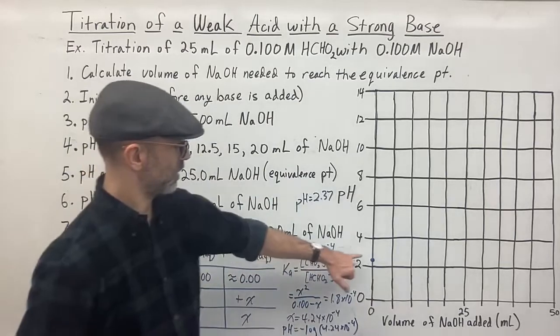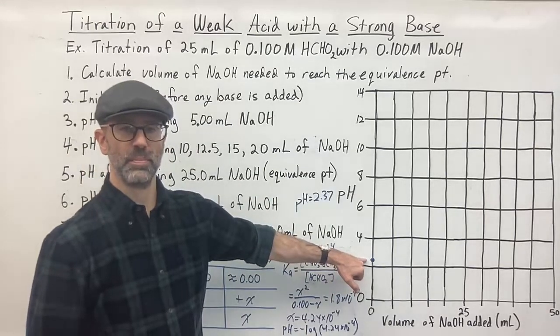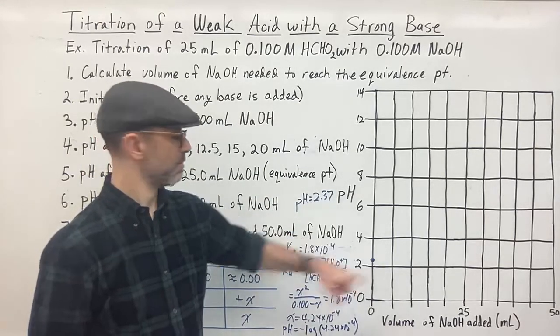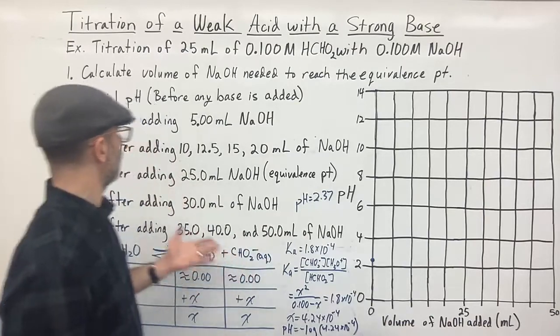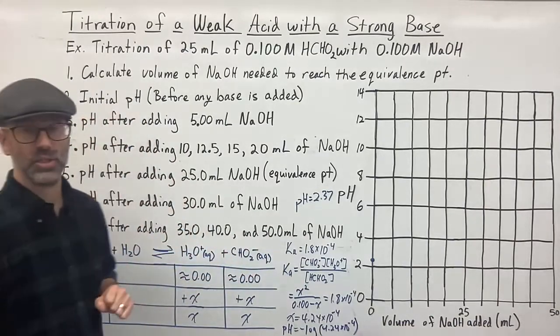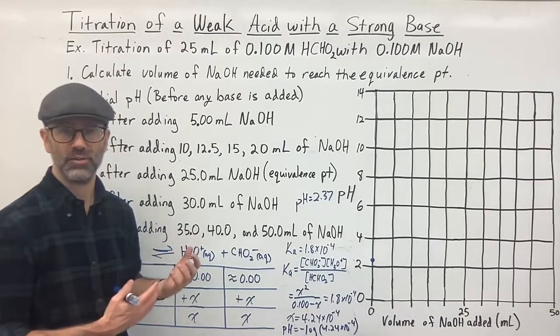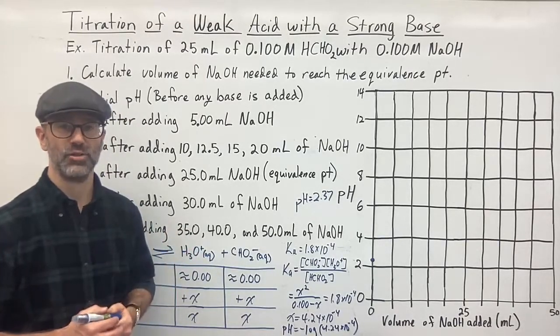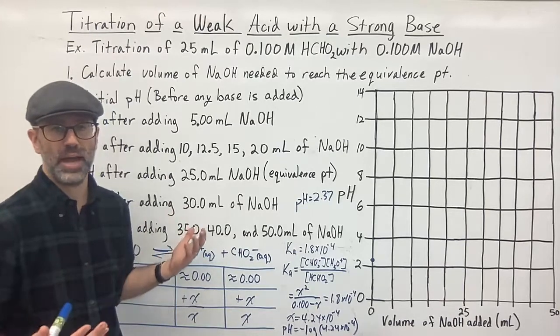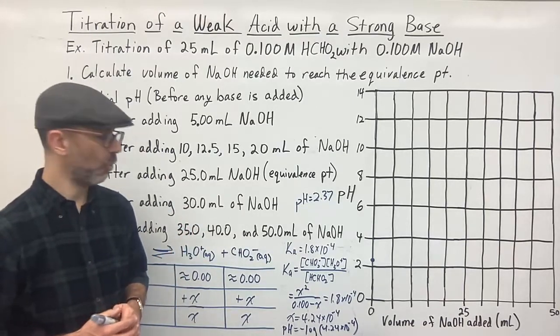So this is the initial pH. This is the first point on my graph. And so that's how you find the initial pH of a weak acid solution before you've added any strong base. So basically it's a weak acid problem, just like we've done before.